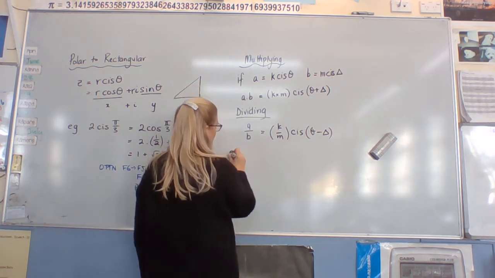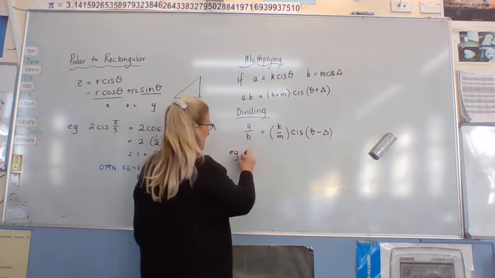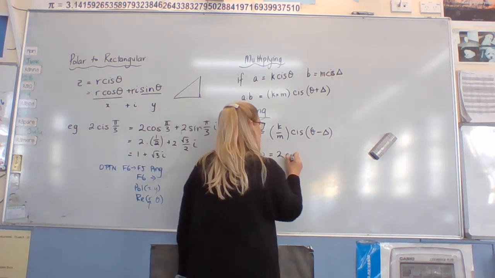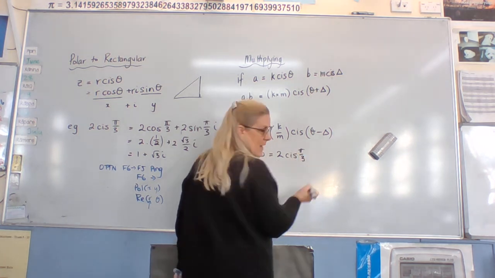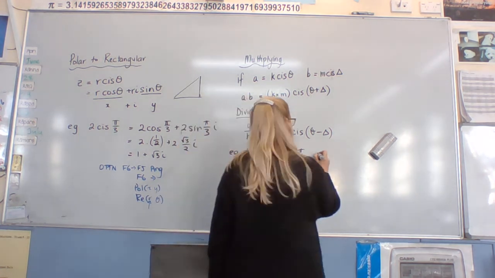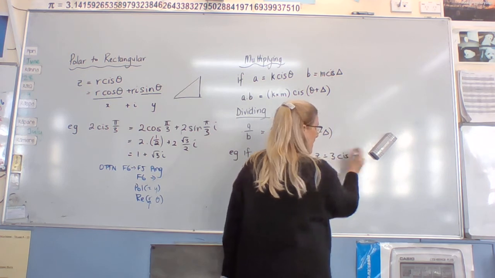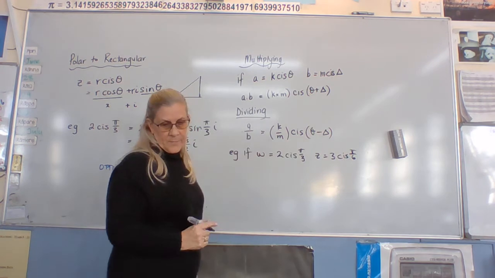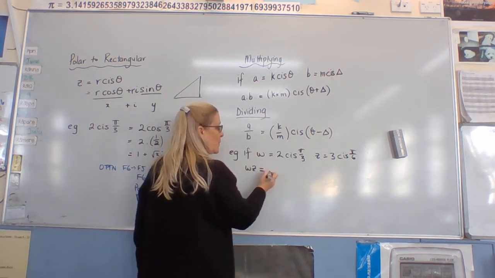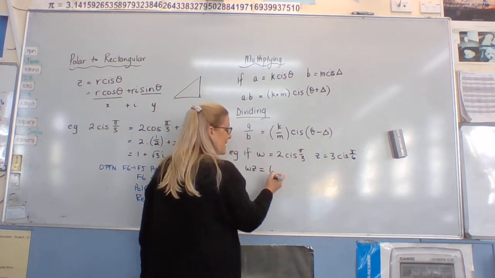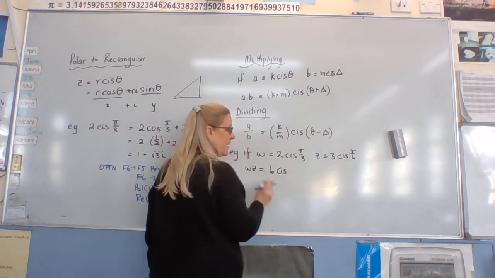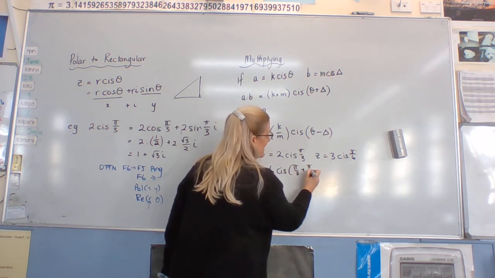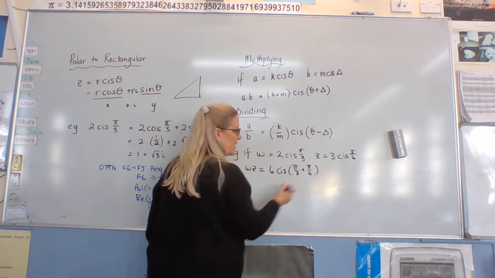So let's have an example. If W equals 2 cis pi by 3 and Z equals 3 cis pi by 6, good numbers, then WZ will equal 2 times 3, which is 6, cis, adding these two together, pi by 3 plus pi by 6 is what?